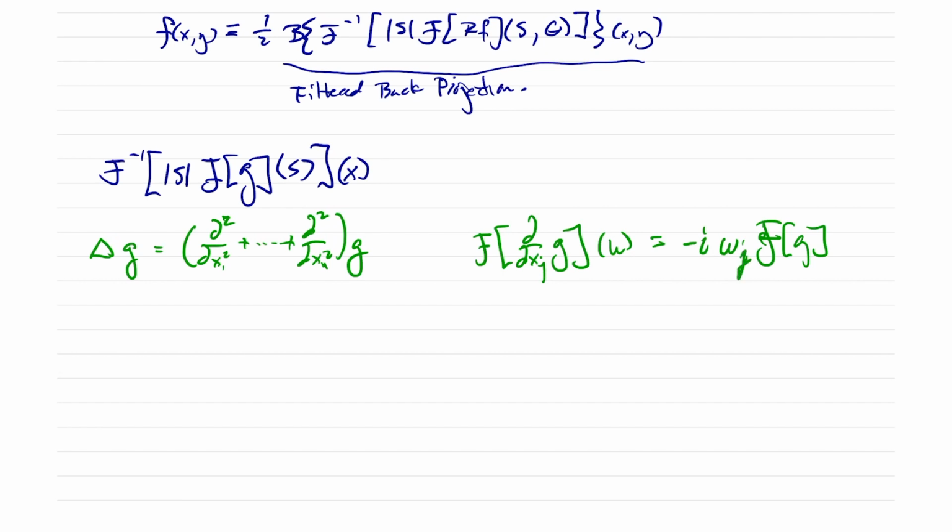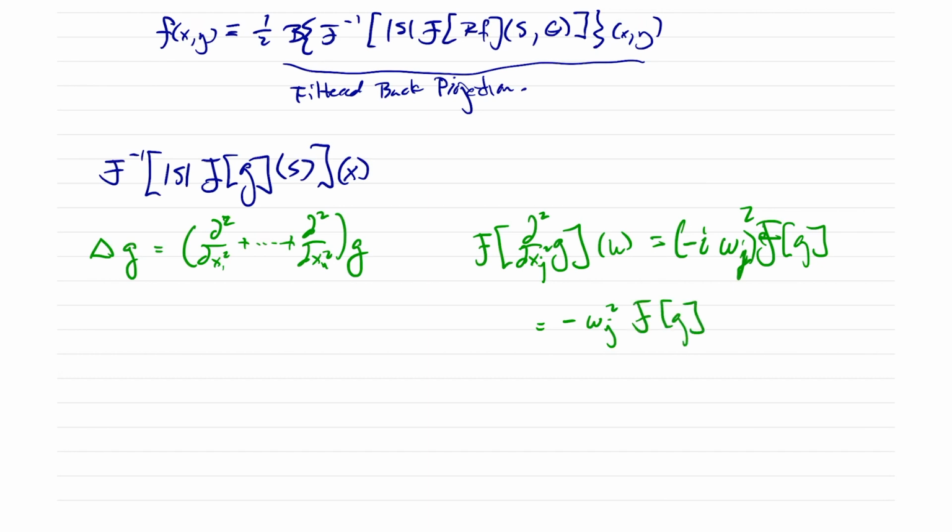And so if I were to apply this twice, I'm going to basically get this out twice as well. So then if we actually square that, that's going to end up giving us minus wj squared times F of g.